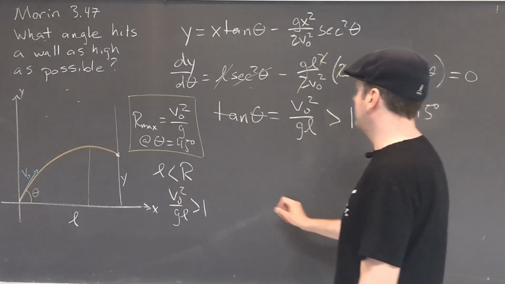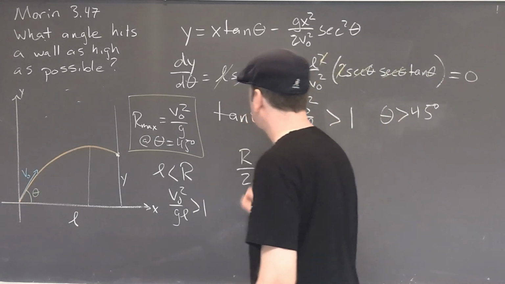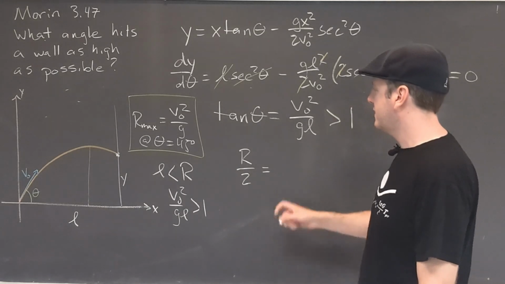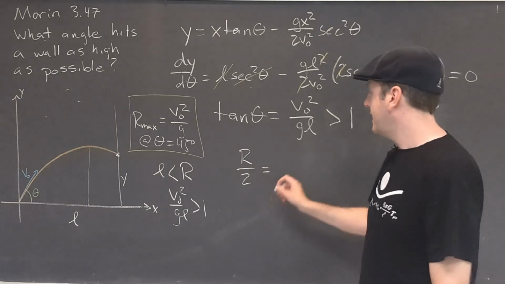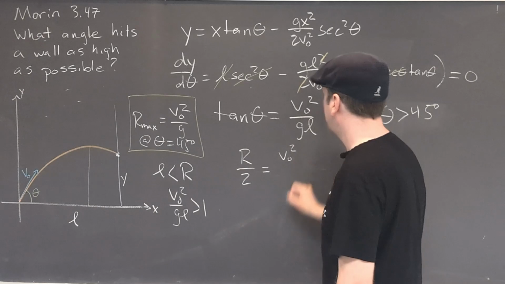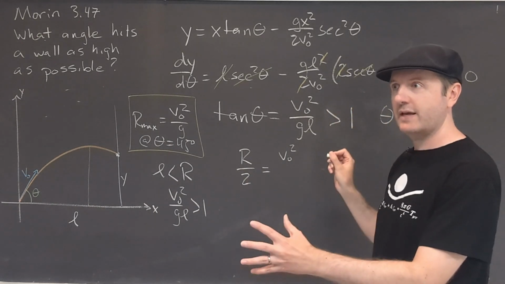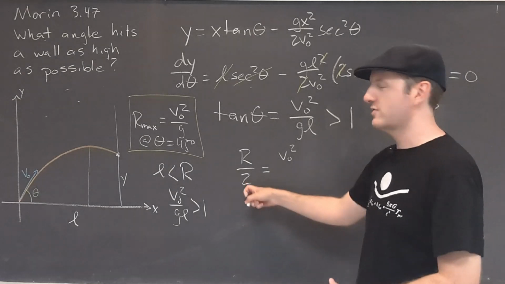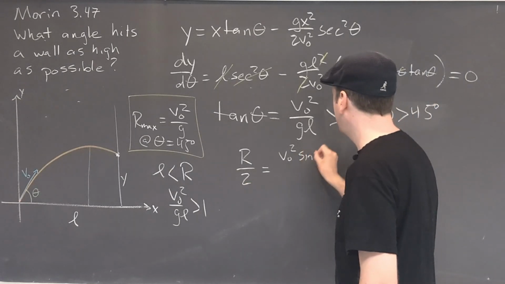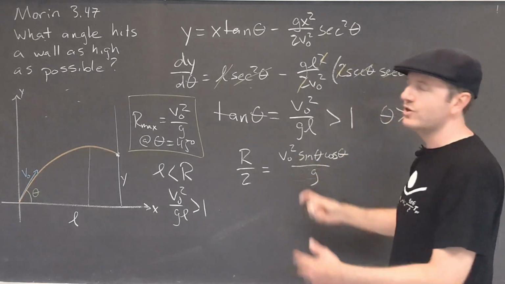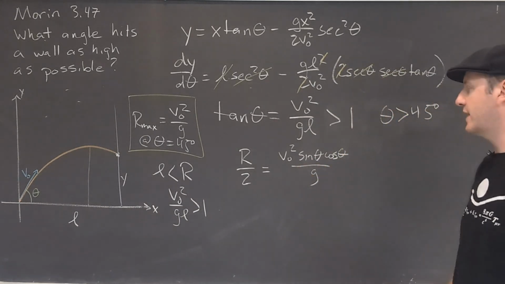So if I went and calculated R over 2 in terms of my given parameters here, okay, so we know how to calculate the range of a given projectile. So that gives us v naught squared. I would normally have a sine 2 theta. I'll expand that out as a 2 sine theta cosine theta, but then the 2 cancels. So I'll just have sine theta cosine theta, all over g. Okay, so that's the generic half range of any projectile.